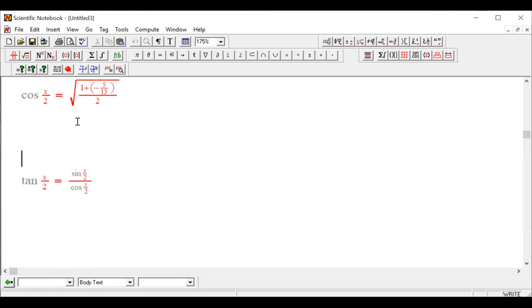And next, work on this one. Okay, so once again, if you want to pause and do your own, feel free to do that. So here we have 1 plus negative 5 over 13. So this is just going to be 1 minus 5 over 13. Common denominator.